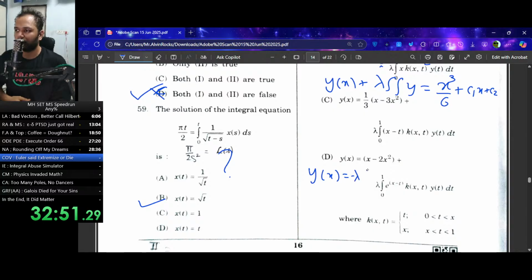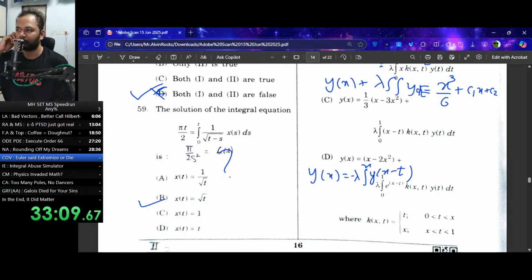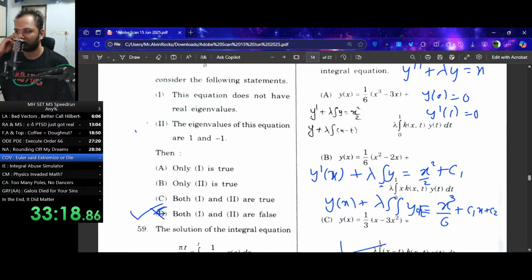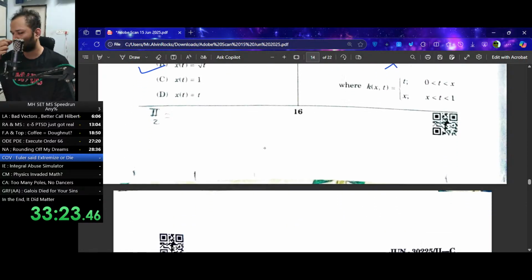Okay, convert it into a singular integral, it will be x minus t, because integration was with respect to t, so the limit is x, and therefore only one of the options contains that. Option C, the rest do not contain. The rest contain weird kernels which are not possible. K of x,t is just too arbitrary.